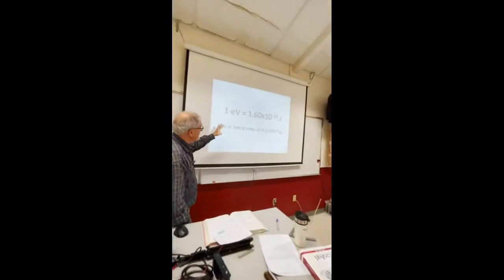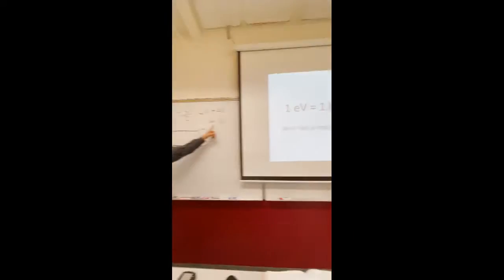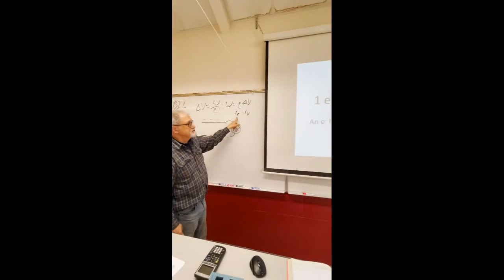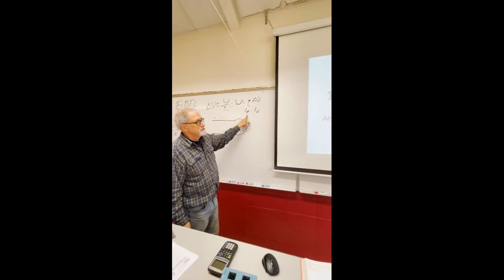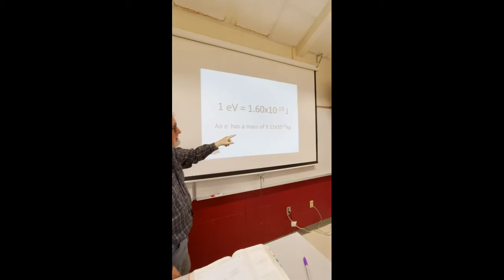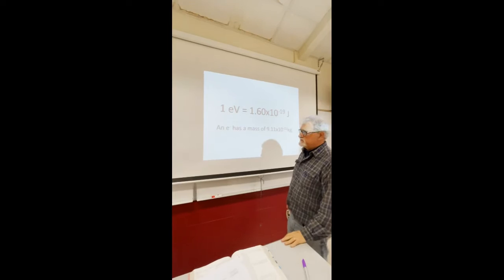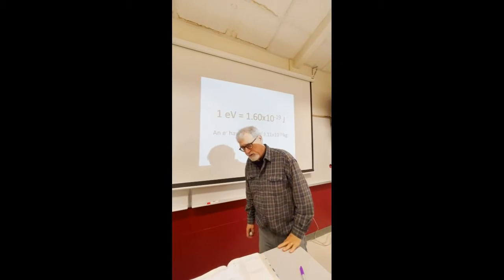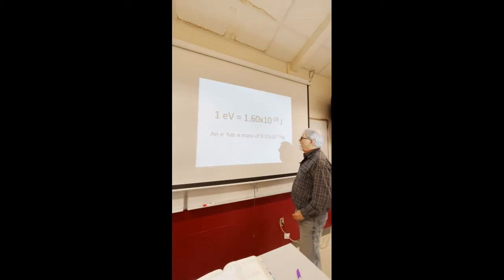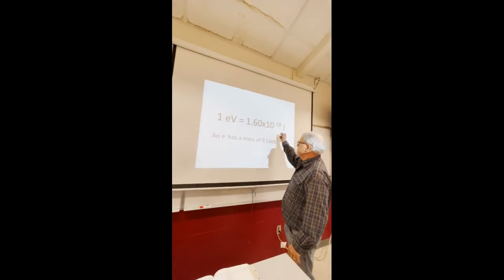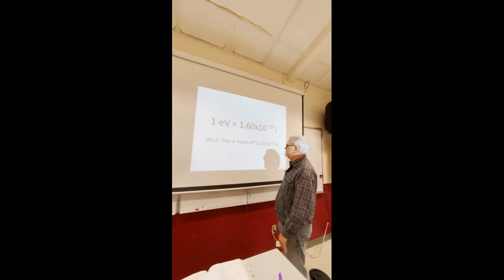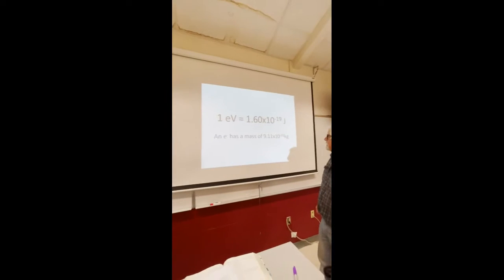So 1 electron volt is 1 volt times the charge on the electron. And the charge on the electron is 1.60 times 10 to the negative 19 coulombs. So 1 electron volt is equal to 1.6 times 10 to the negative 19 joules.